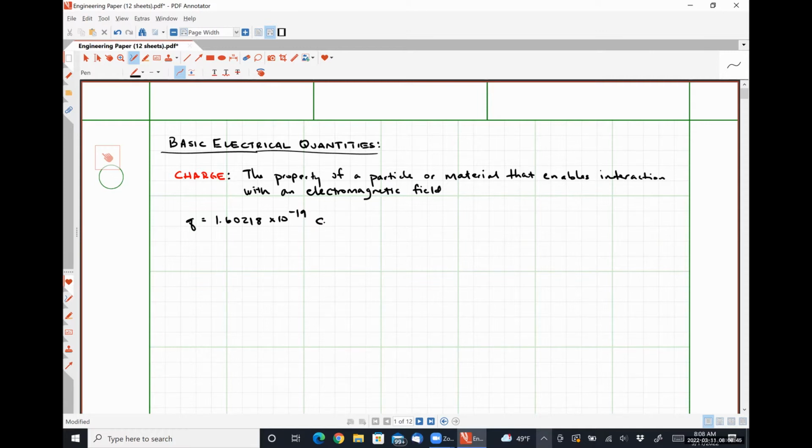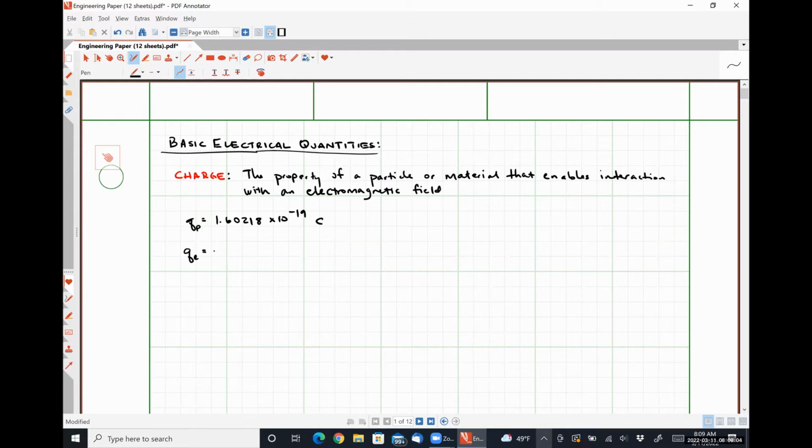This is the charge that a proton has. So I can call this QP. And this represents our fundamental unit of positive charge. And then the corresponding fundamental unit of negative charge, I'm going to call QE for the charge of an electron.